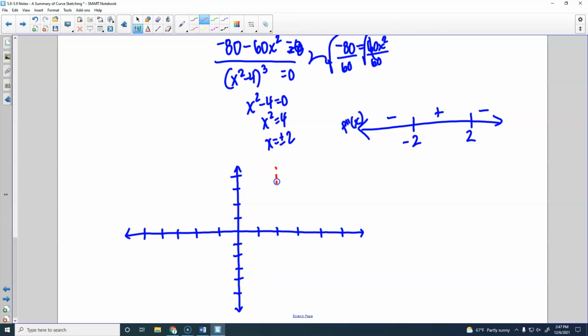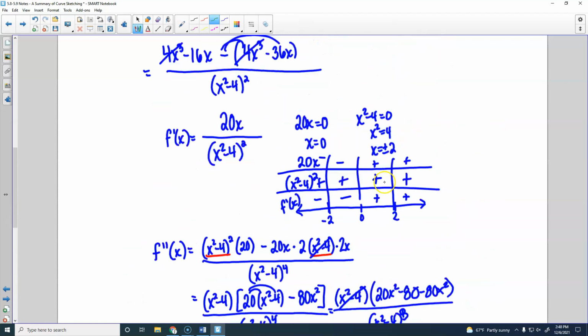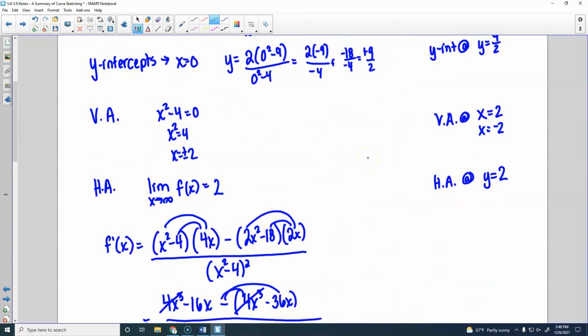We know we've got vertical asymptotes at 2 and at negative 2. All right, so we're going to have x-intercepts at 3 and negative 3. We're going to have a y-intercept at 9/2.